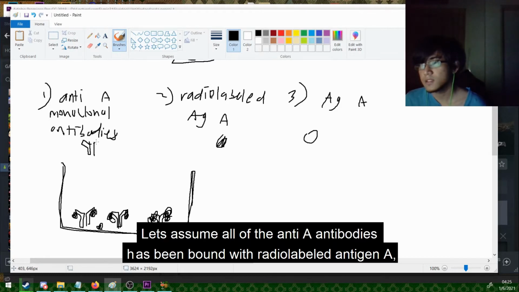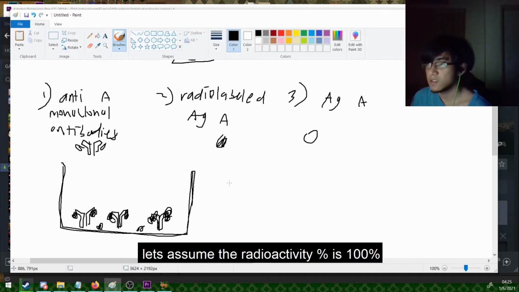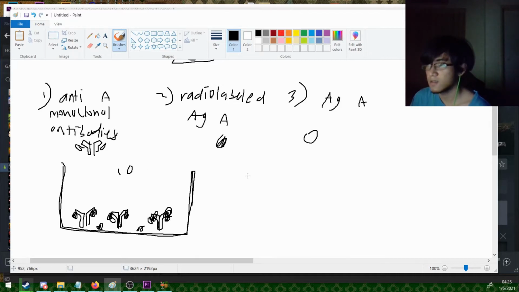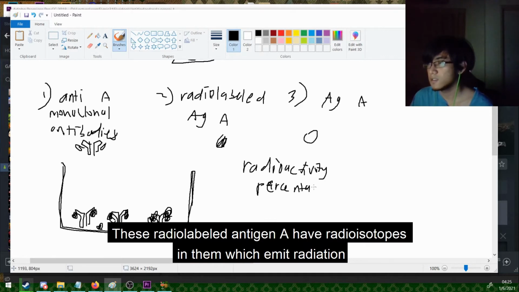Also, let's assume since all of the anti-A monoclonal antibodies in this microtiter have been bound by radiolabeled antigen A, let's assume the radioactivity percentage here is 100%. Why is it radioactivity percentage?